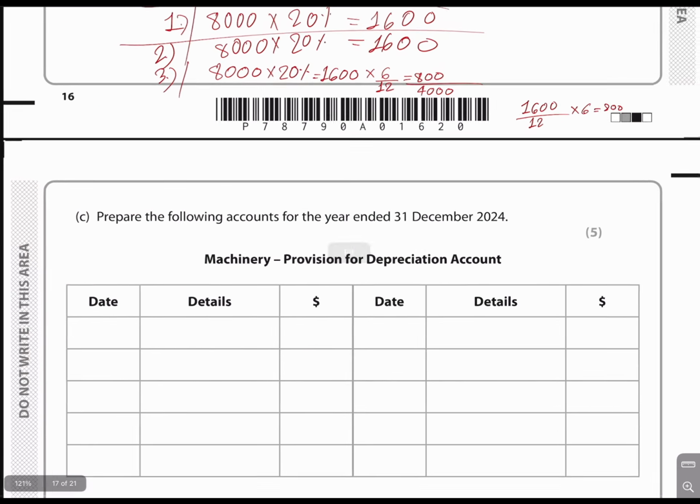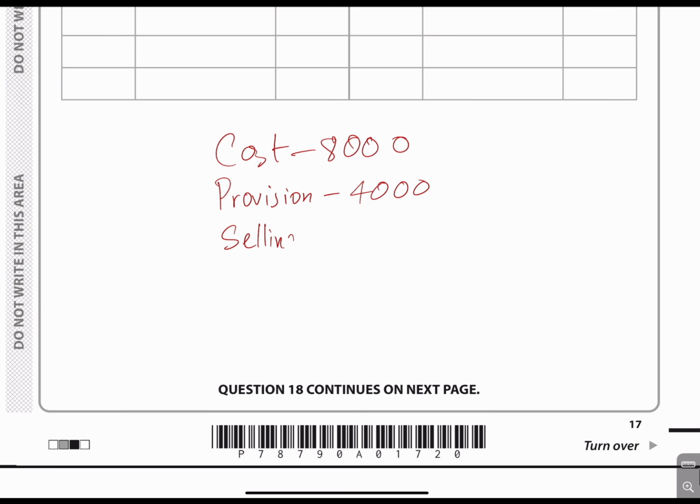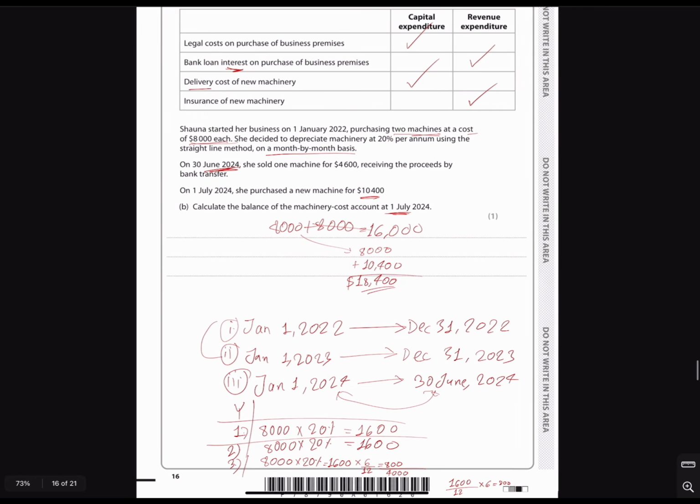Now we know the cost for the asset sold is 8,000. The provision for depreciation is 4,000, and the selling price is how much?